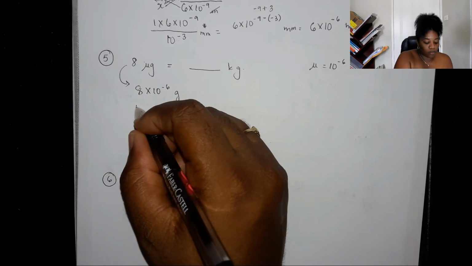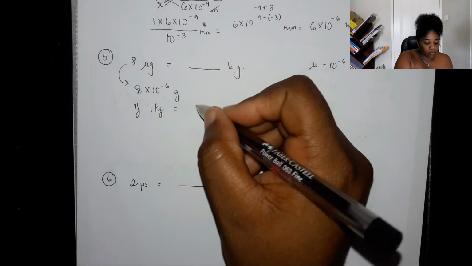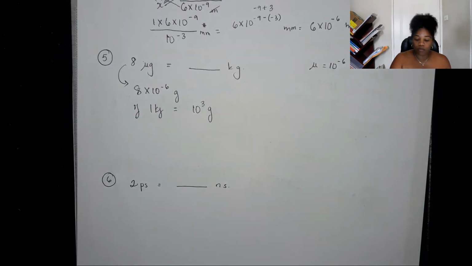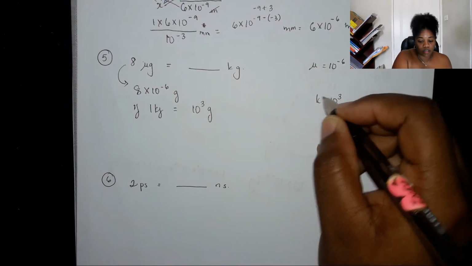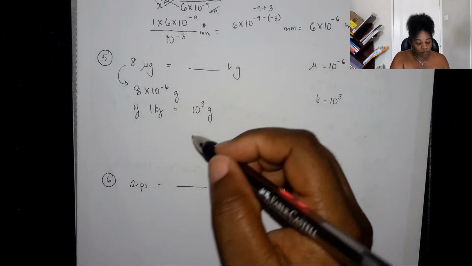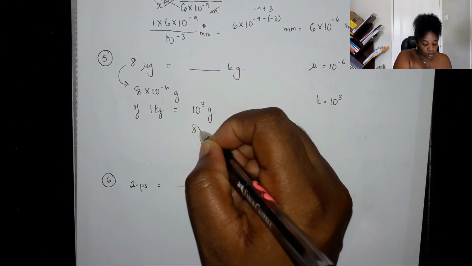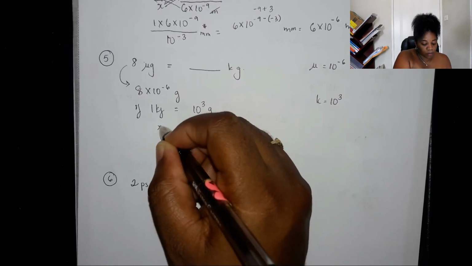So therefore, if 1 kilogram is equal to 10 to the 3 grams, because remember, a kilo is equal to what? 10 to the 3. Then you just put this right underneath it to match.